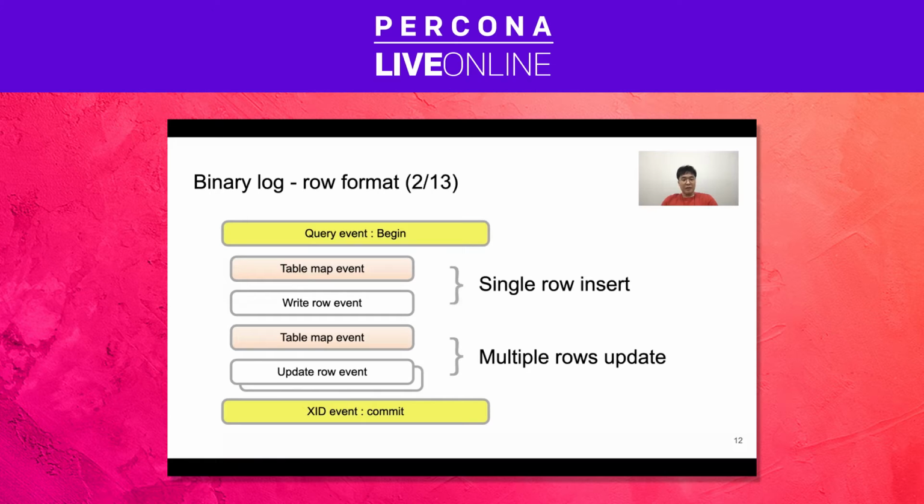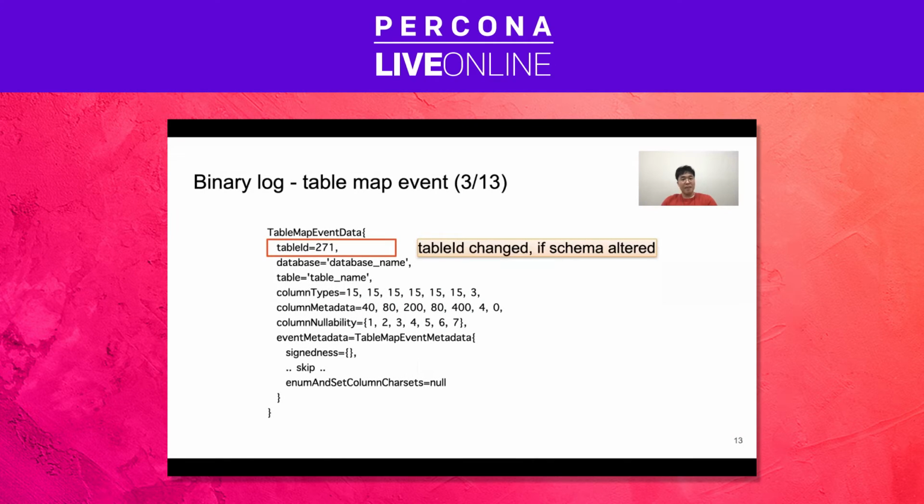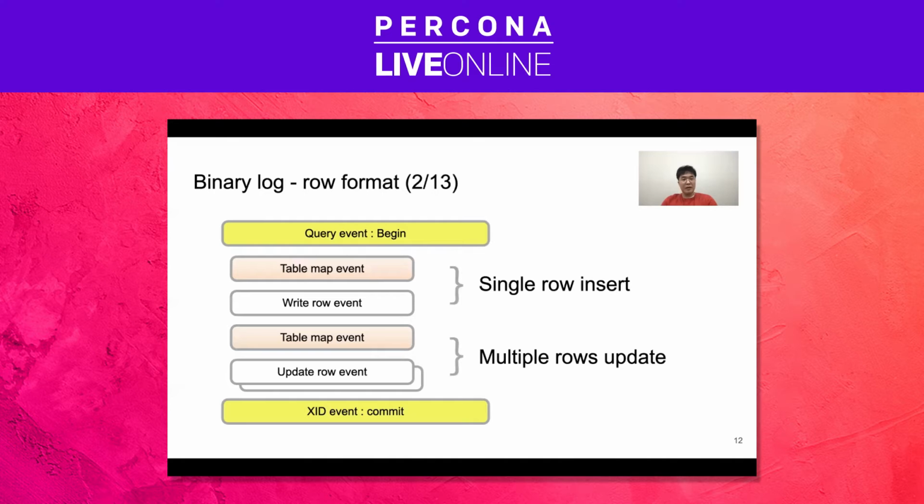The row format binary log consists of this structure. When a transaction is committed on MySQL, the begin statement is entered as a query event, and the transaction is finished with an XID event.